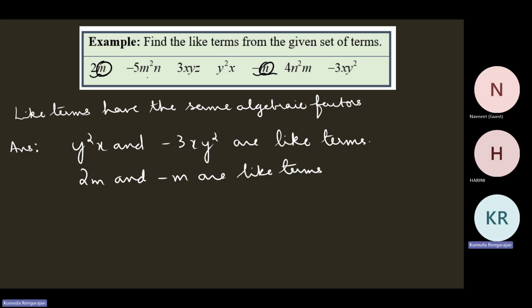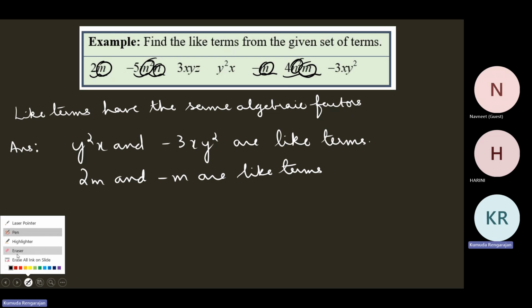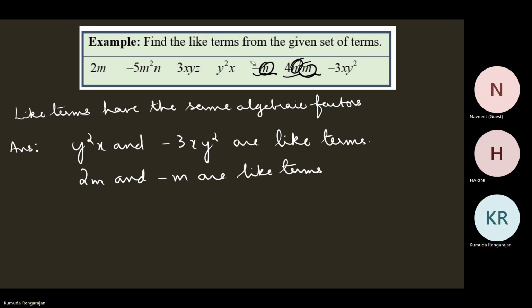If you look at this one and this one, they are not, because this is m square, but this is only m. This is n, but this is n square. So they are not like terms. The algebraic factors must exactly be the same.